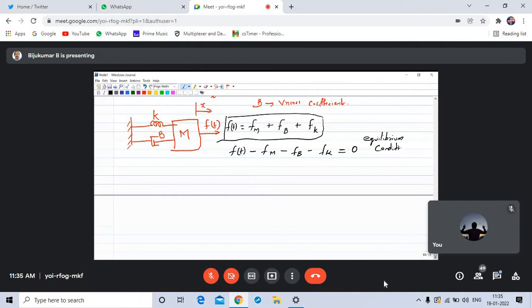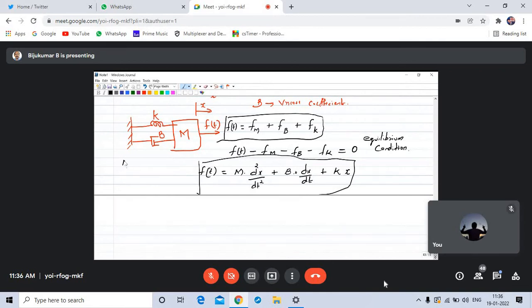The net force acting on the system is 0, right? So if we substitute our values here, we get f of t is equal to m into d square x by dt square plus b multiplied by dx by dt plus k into x. So this is the governing equation for a spring mass damper arrangement.